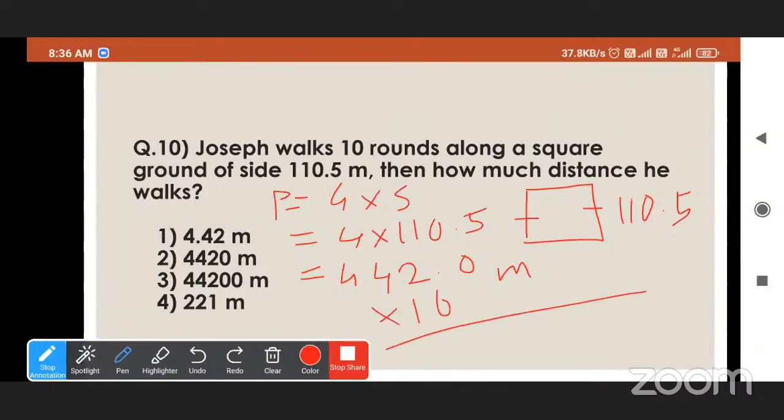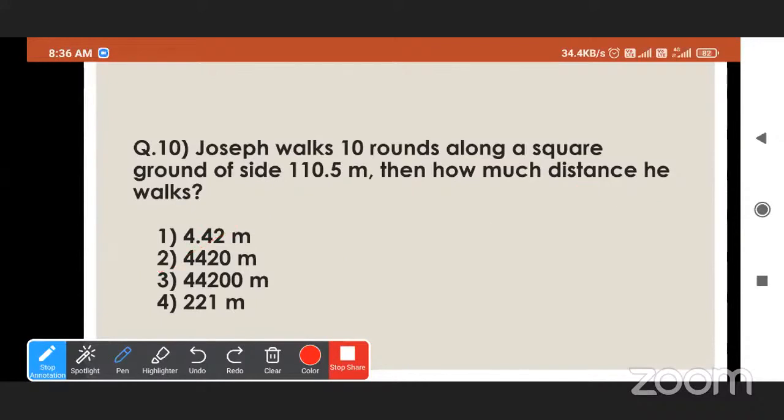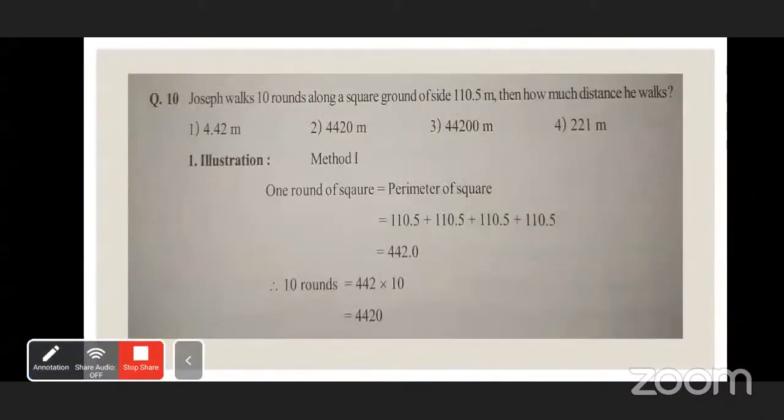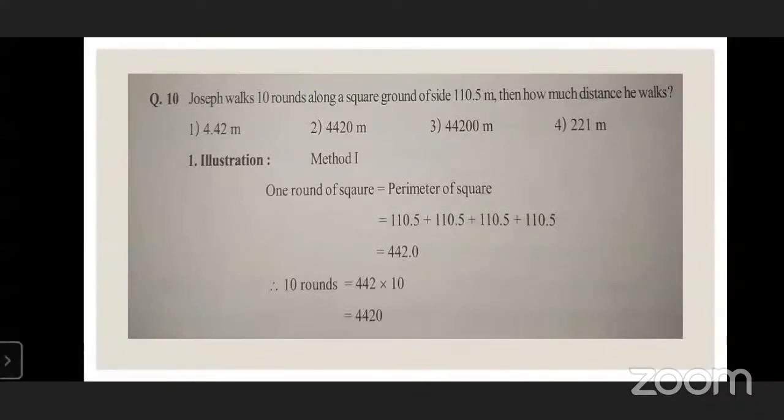So we get the total distance, that is 4,420 meter. So which one is the correct option? Second. So he walks 4,420 meter. See, the perimeter of square, then we have to multiply it by 10.